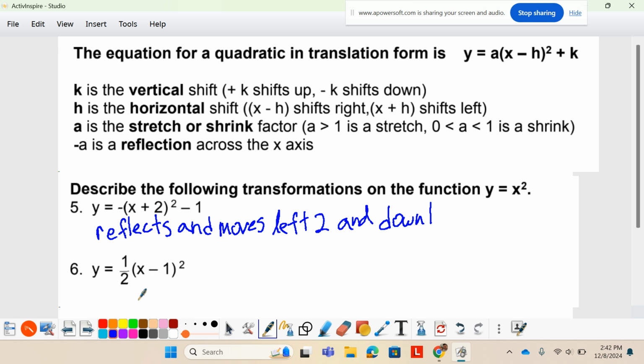And for the next one, it would compress by 1/2 and move, let's see, to the right one.